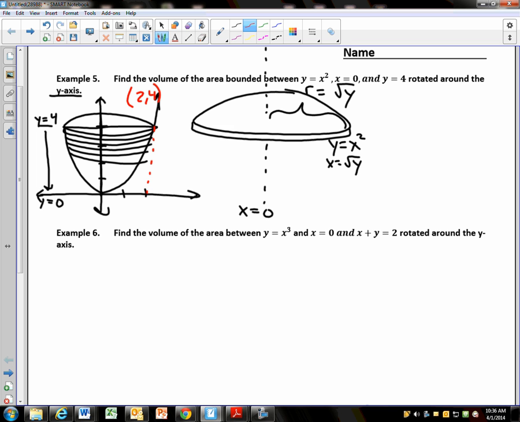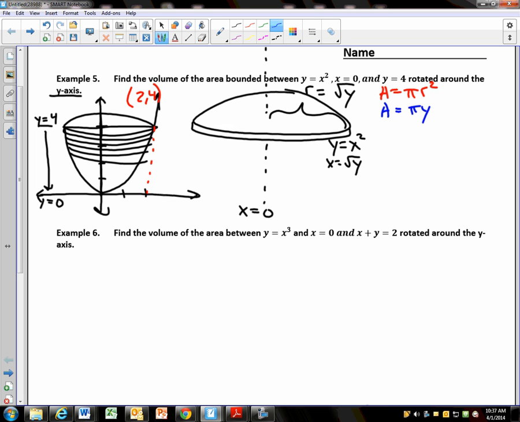So now I have this shape. Now I need to be able to find the area of the top portion. What's the area? Area is equal to pi r squared. My radius is the root of y. So area is pi y.